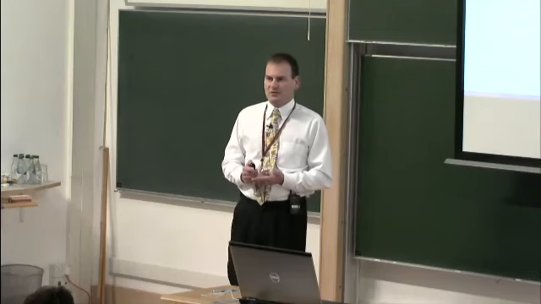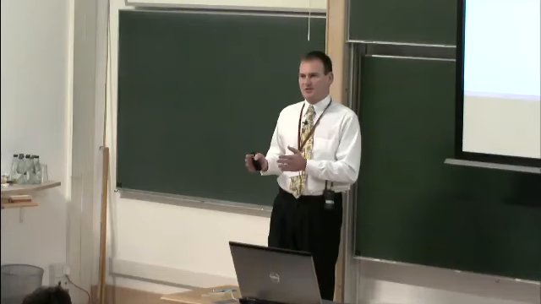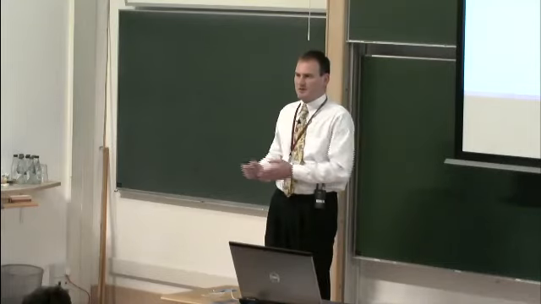There's one big decision you make at the start of a calibration DoE: do you include engine speed and engine load as DoE variables, or do you do DoEs at lots of different fixed speeds and loads? This is a key decision, and it separates the industry between those who are using advanced methods and those who are using more basic methods.